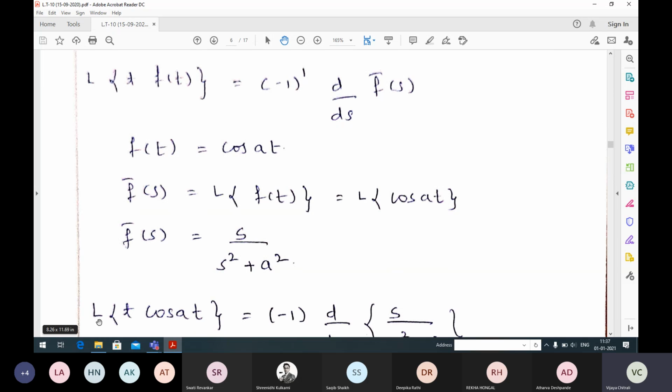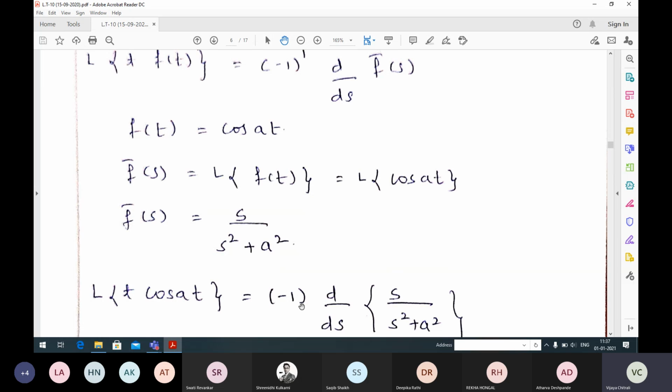Right? We want the Laplace transform of t cos at. So the Laplace transform of t cos at will be minus 1 raised to 1, d raised to n divided by ds raised to n. So n is 1, and you'll get d by ds of f bar s, which is s divided by s square plus a square.